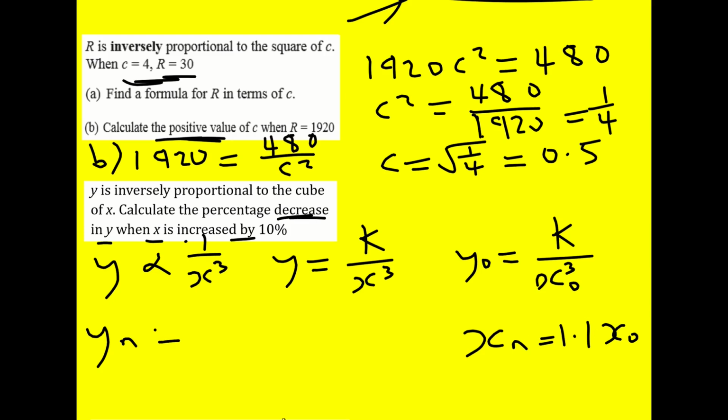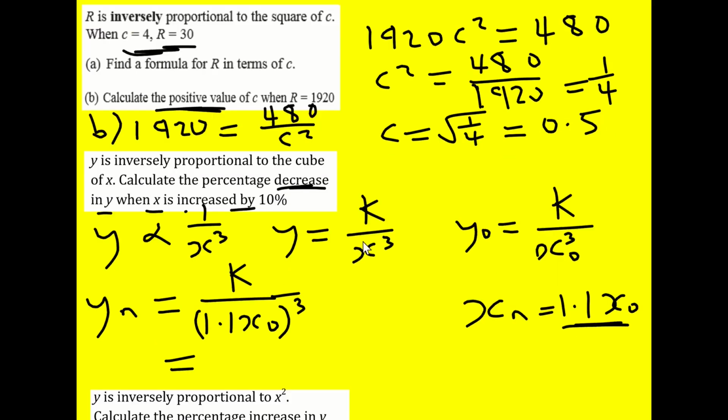My new y is going to equal k divided by my new x, but I'm going to put in this here, 1.1 times the old x, and then I'm cubing it. That is going to give me k over 1.1 cubed x naught cubed.